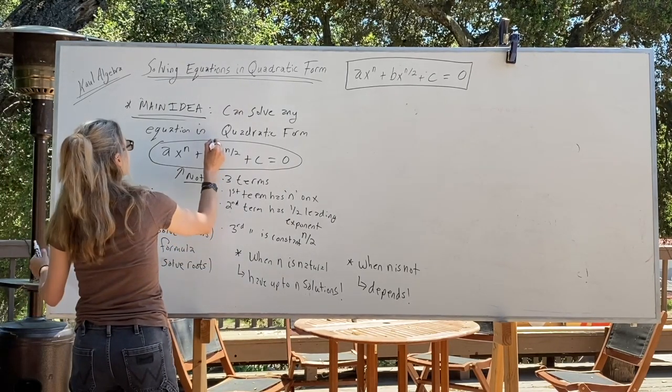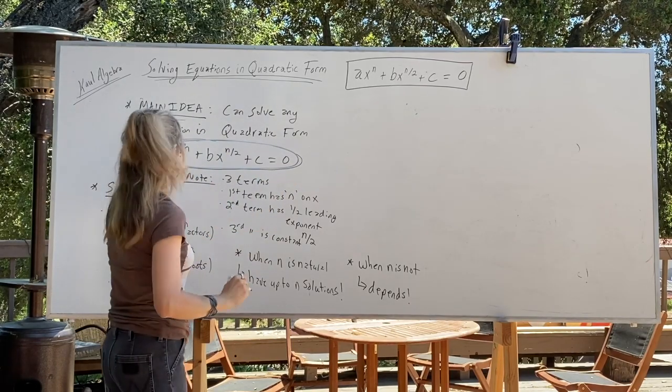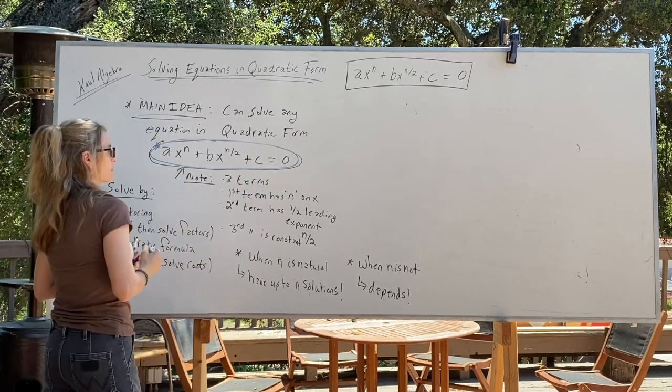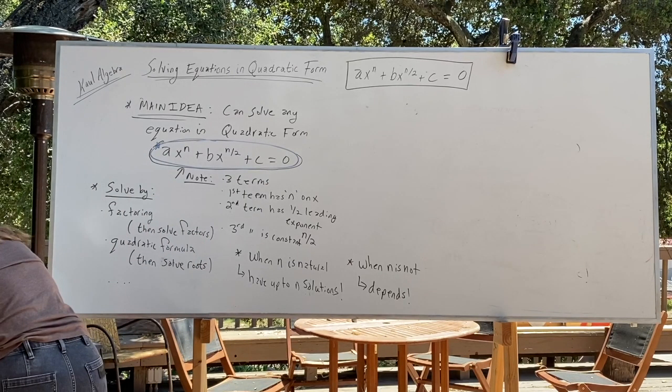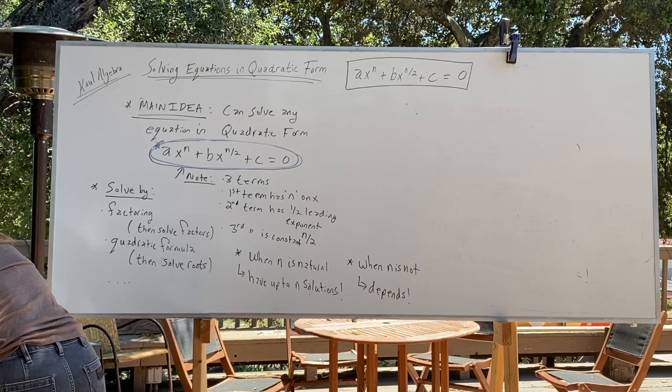First, here is your quadratic form, and it's important again to recognize these when you get them. So let's start off with one that's typically a little easier to solve.